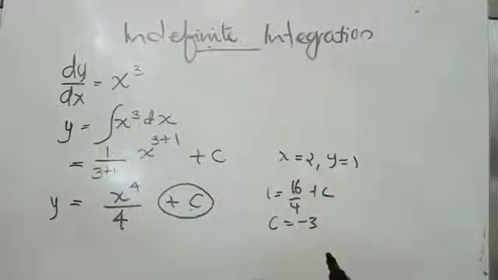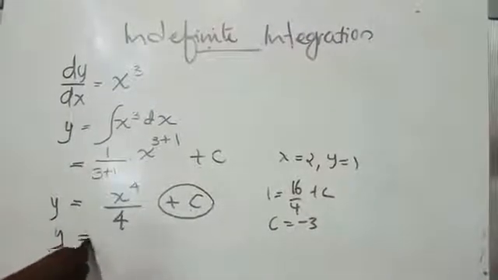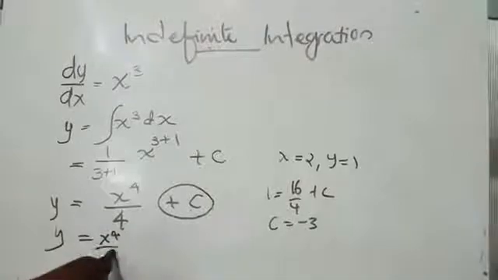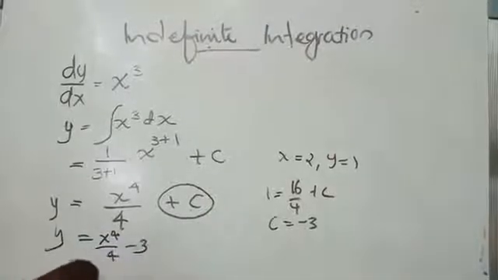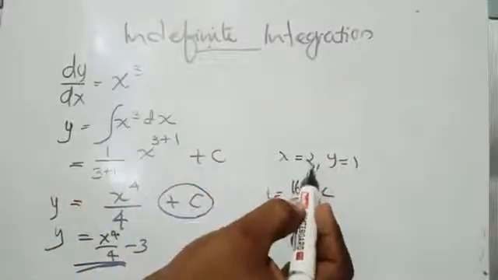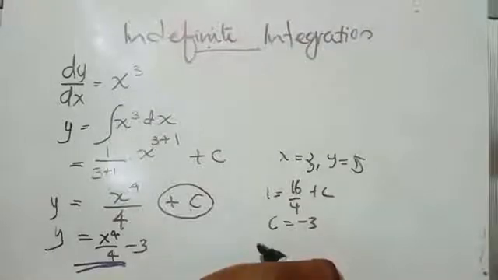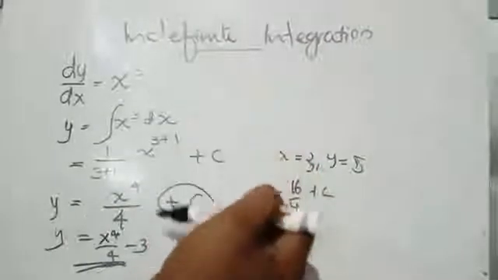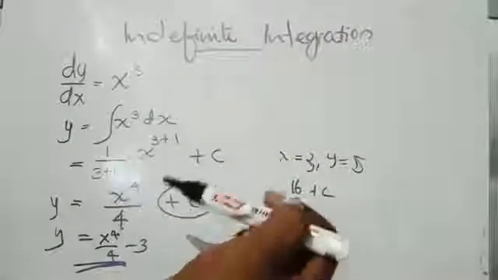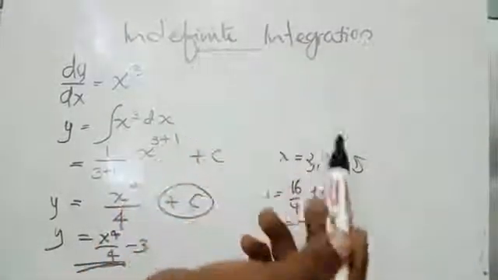So this equation becomes y is equal to x raised to 4 by 4 minus 3. This is one solution. Instead of that, if x is 3 and y is 5, we get another solution. So this question has infinitely many solutions. That's why it is known as indefinite integration.